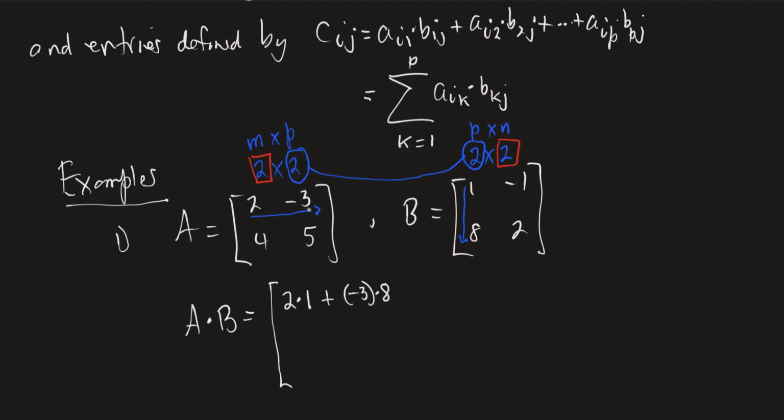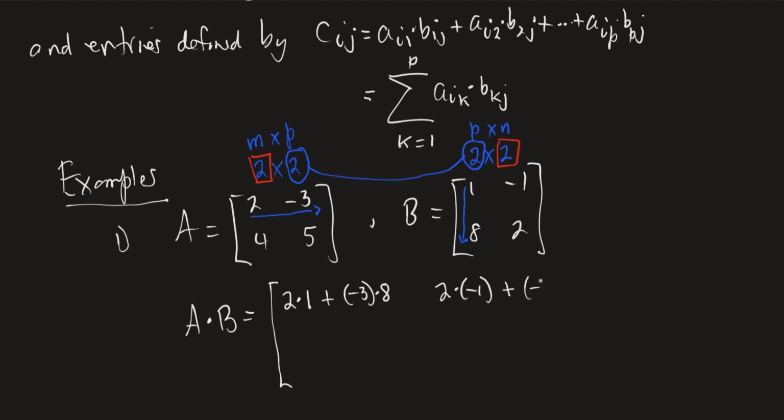So now let's finish out the first row in our product. So now I will repeat the process using again the first row, but then use the second column, right? So I'm going to take 2 times negative 1 and then plus negative 3 times 2.